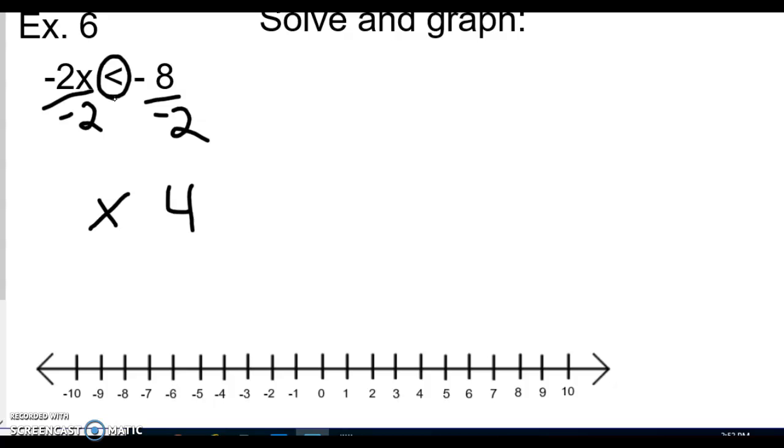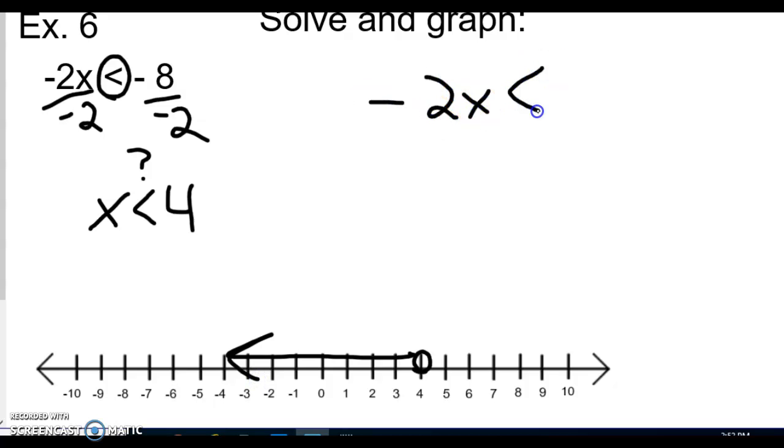If it were to stay x is less than 4, which I am questioning, let's see if those points would work. If that's the solution, it means the points to the left of 4 are all solutions. Let's try some of those points.